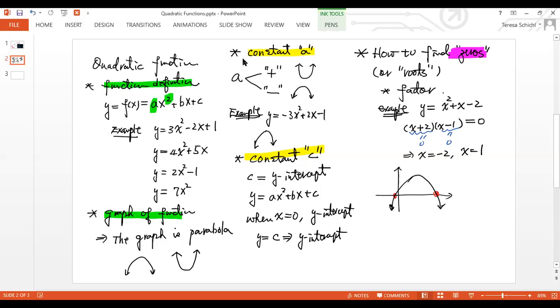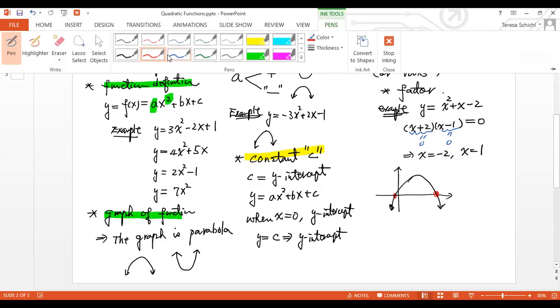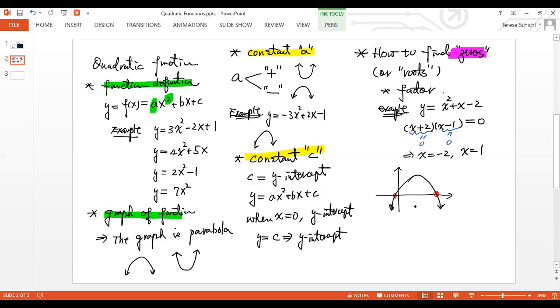So the next method here: sometimes you say, hey, I cannot factor. Then the next method is to use the quadratic formula. Okay, so the quadratic formula, that means you can find it. So how do I find it?